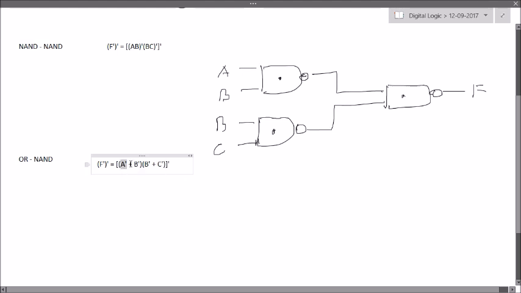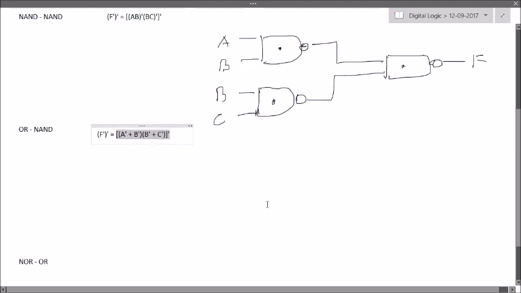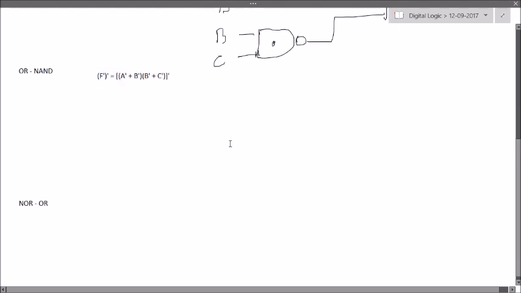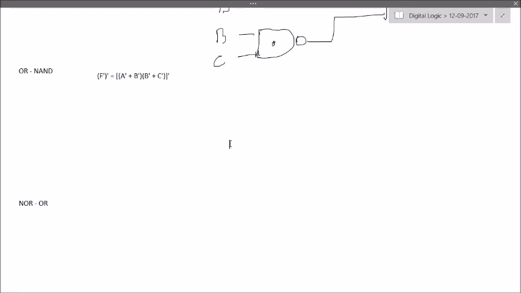This is an OR-NAND. You see, inside there's an OR gate, A prime plus B prime. This is an OR gate. There's no prime outside. And B prime plus C prime is an OR gate. And on the outside we have a NAND gate. This looks like this. Okay, so here's the circuit.